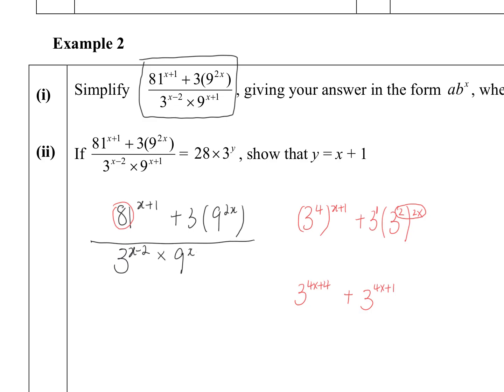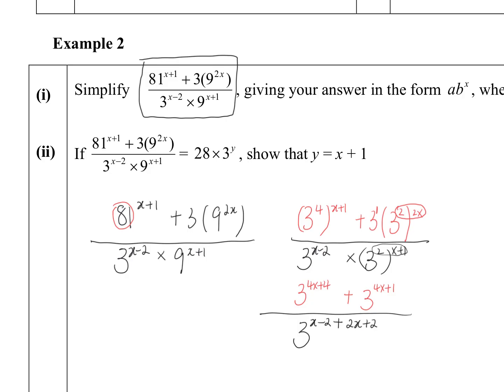So what you can see is the base here you can also change. 3 to the power of x minus 2 times 3 squared to the power of x plus 1. So this one you can multiply together. So I add up the powers: x minus 2 plus 2x plus 2. Okay, so all these are still E-Math laws.